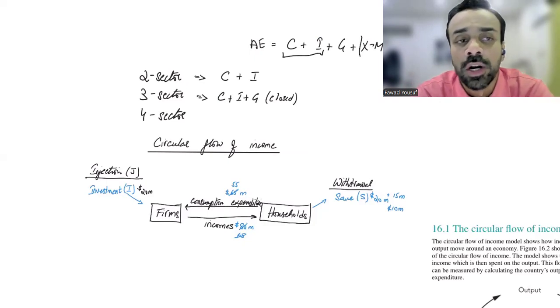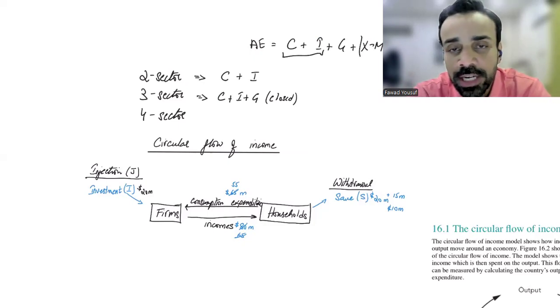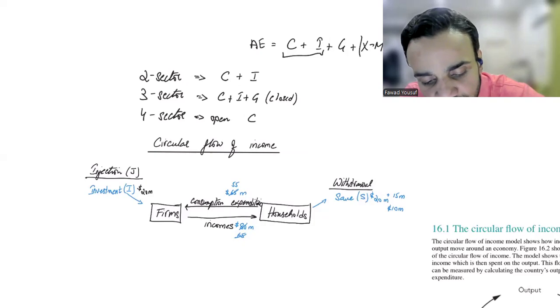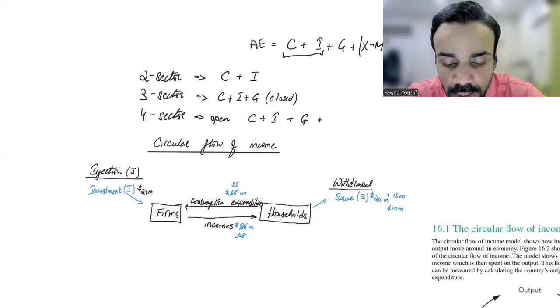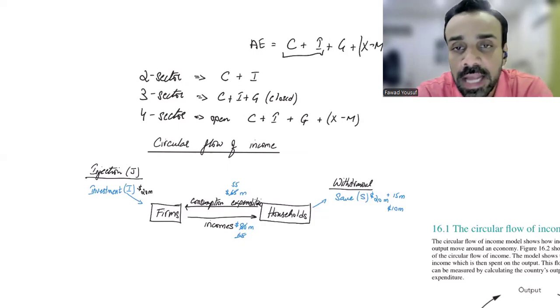Closed means that you are not doing international trade. It's a three sector closed economy. Four sector is always an open economy. उसमें C भी होता है, consumers, I भी होता है, businesses, government spending भी होती है, G, and international trade भी होता है, X minus M. Do you follow?